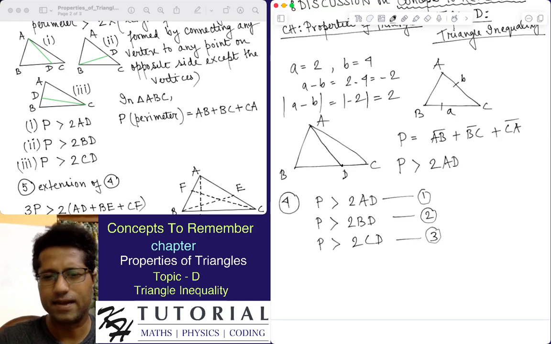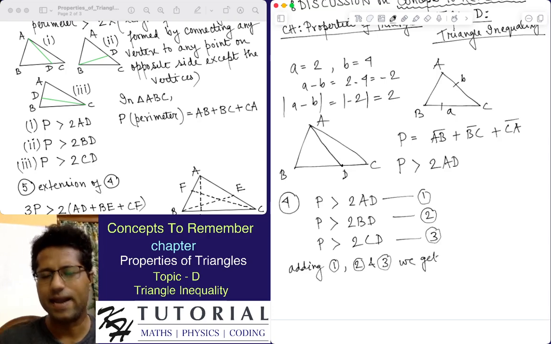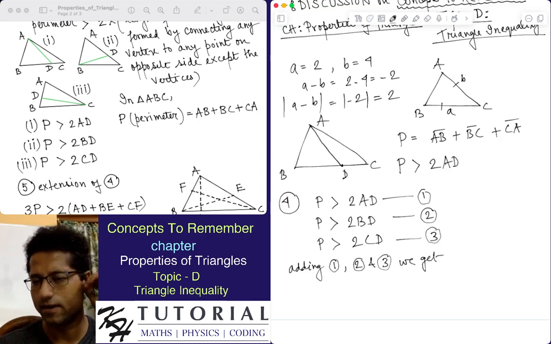Now if I add up these three results, adding 1, 2 and 3, we add all the left hand side terms and we add all the right hand side terms, and the inequality remains the same.